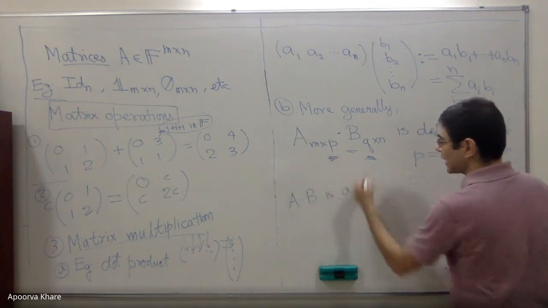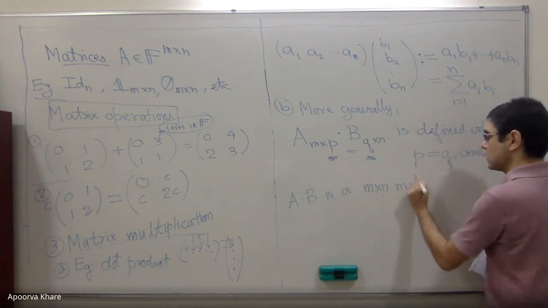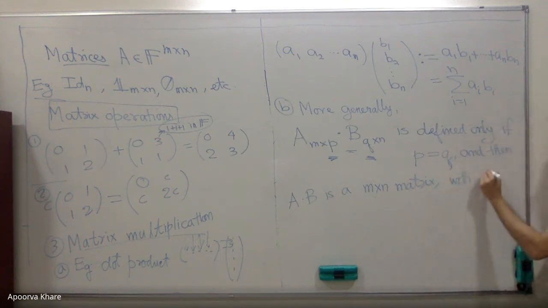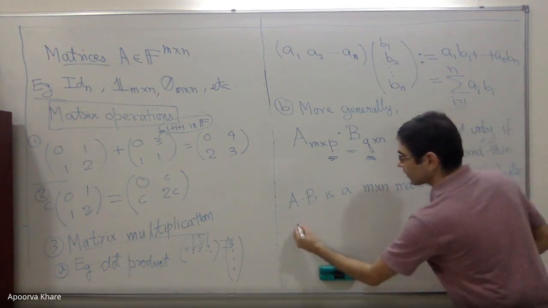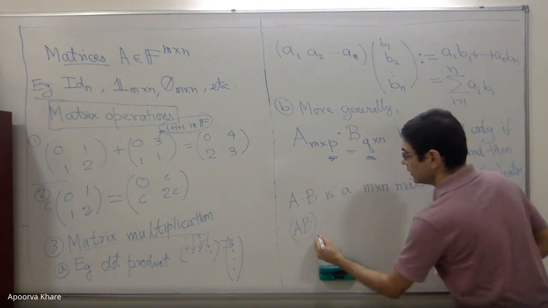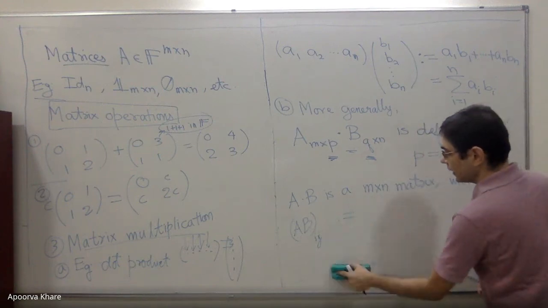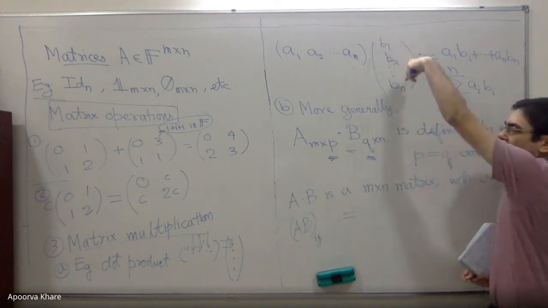So A times B is actually an m cross n matrix, with ij entry (AB)ij defined to be the ith row of A dot product the jth column of B.